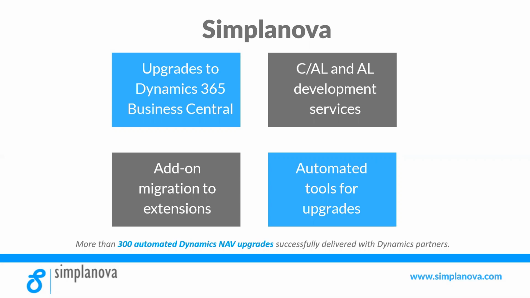We've participated in more than 300 upgrades, and we are doing more than 50 of them a year. Also, we have a team of experienced NAV and Business Central developers who can help you while working on C/AL development, AL development, while building add-ons, mobile applications, or, let's say, if you started new implementations, we can help you in this field as well.